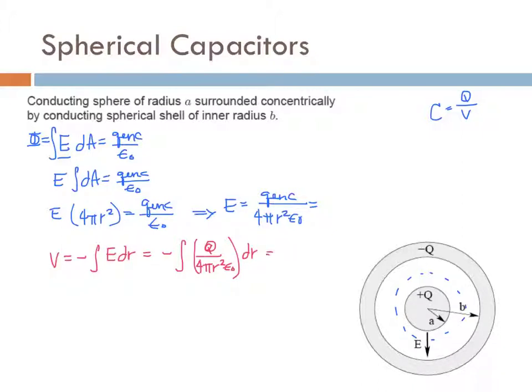Everything is a constant, so I can pull that out of my integral, everything except 1 over r squared.